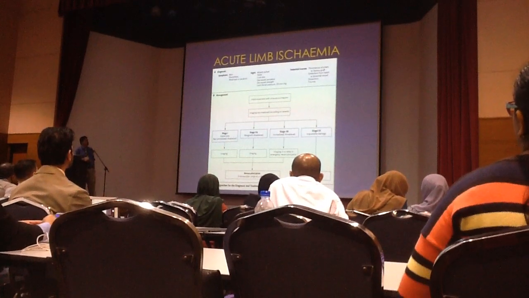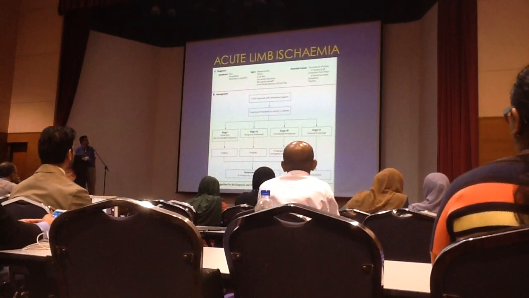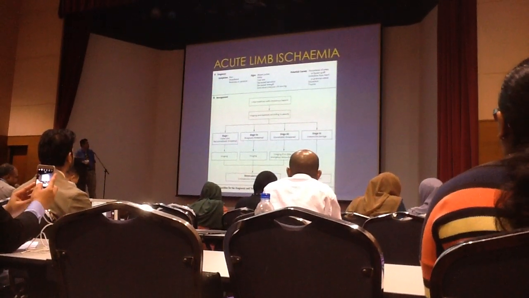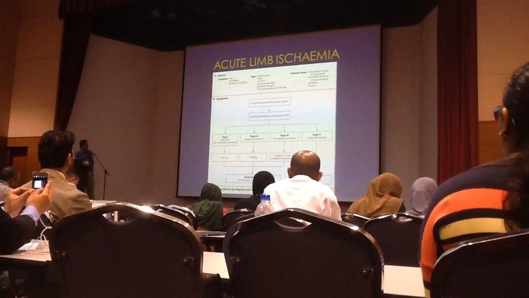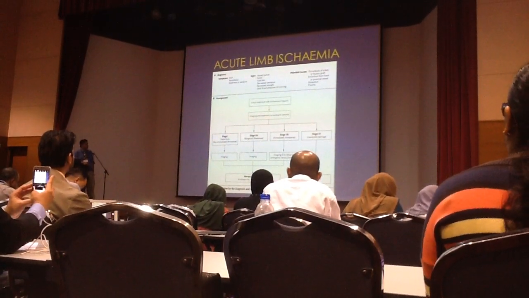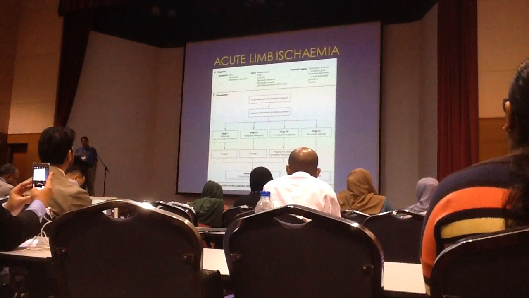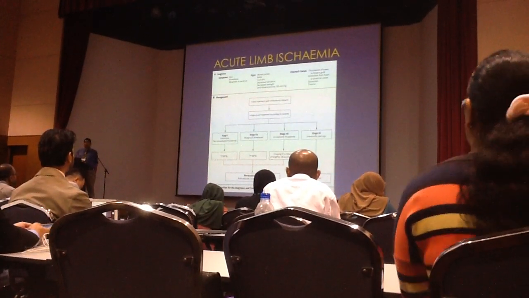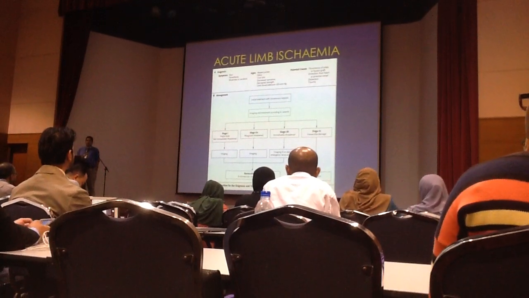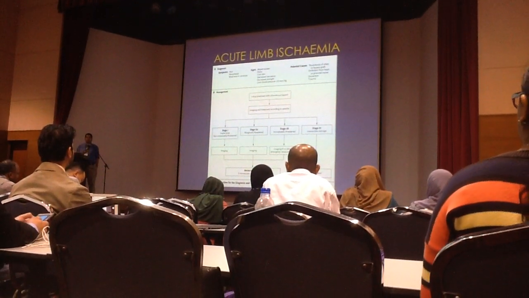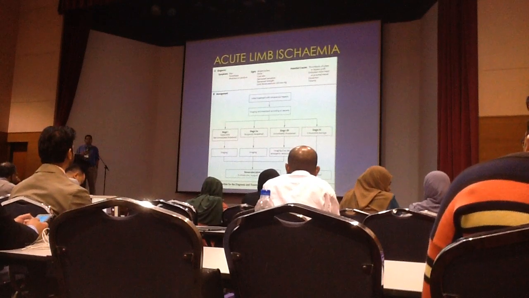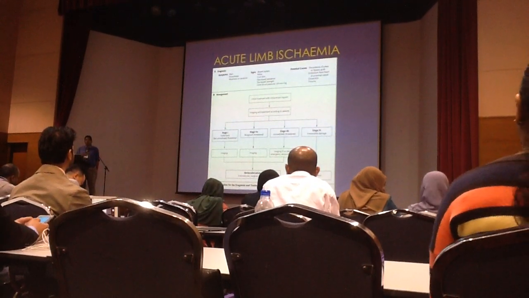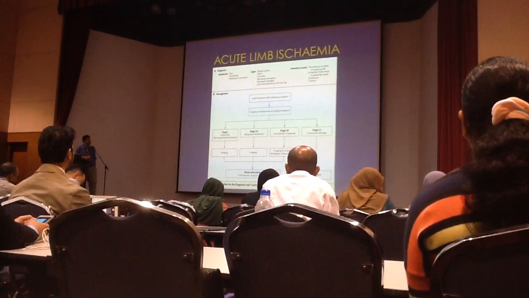For you then to classify, but actually you don't need imaging to classify viable or non-viable. And then whether it's revascularization, i.e. embolectomy. Don't forget, when it is non-viable, that amputation is still a form of treatment, especially when it is life before limb.